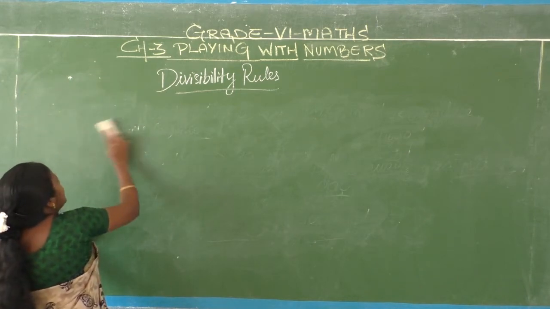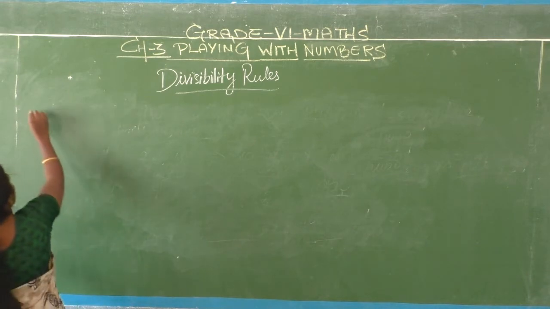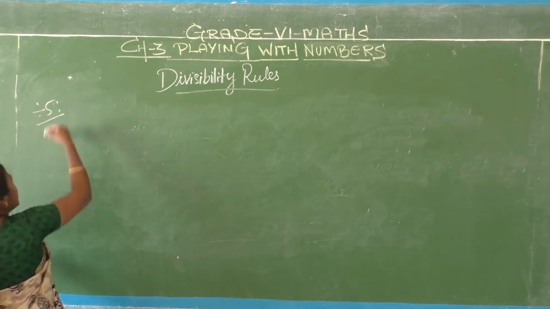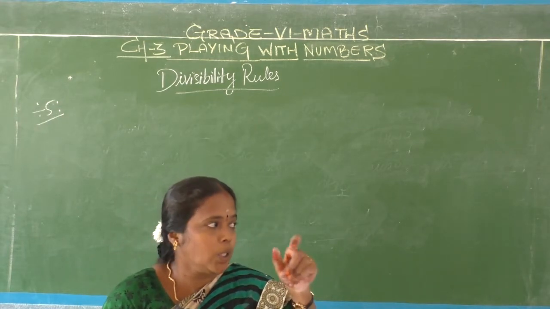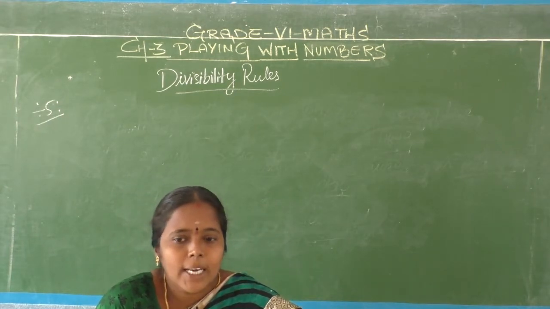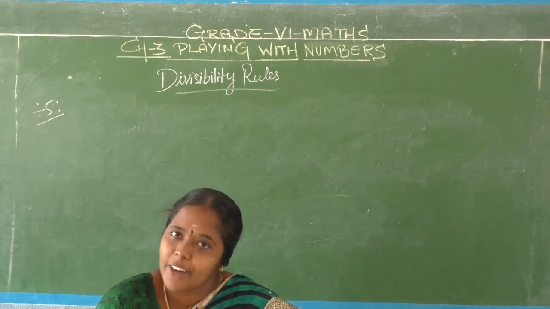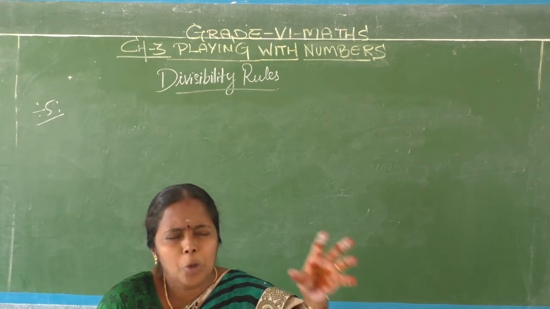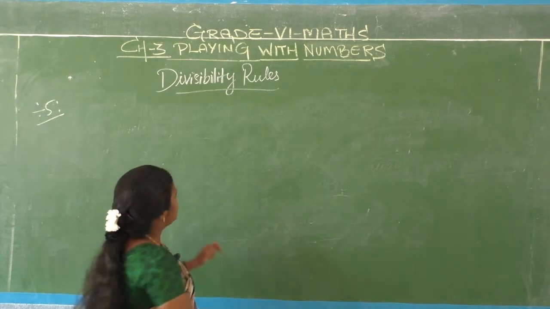Next, divisibility by 5 rule. What does it tell? Before seeing the divisibility by 5 rule, we just go through the multiples of 5. What are multiples of 5? 5, 10, 15, 20, 25, etc. Clear? If you closely watch the ones place, you come to know.